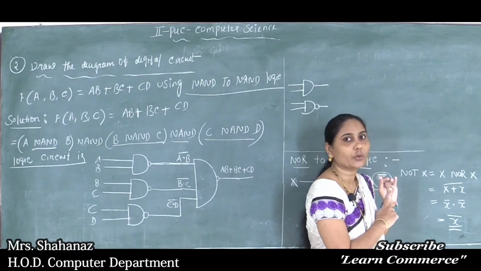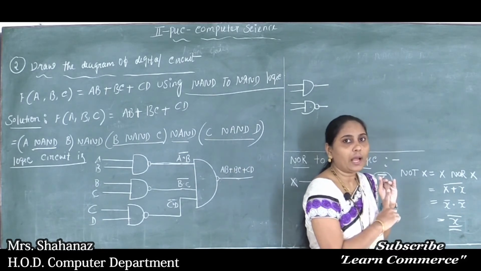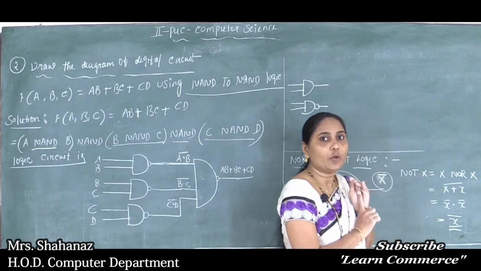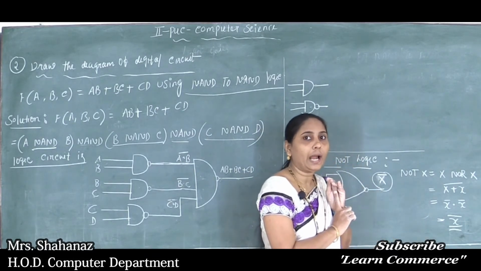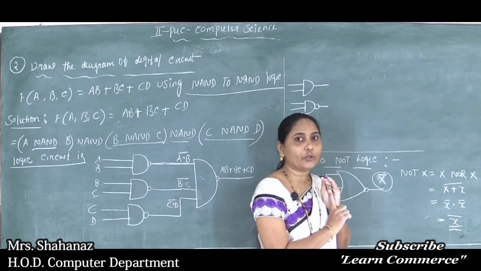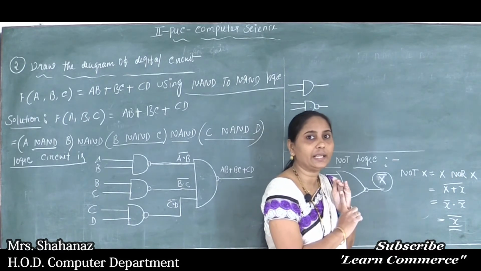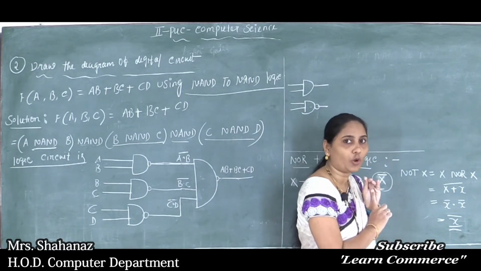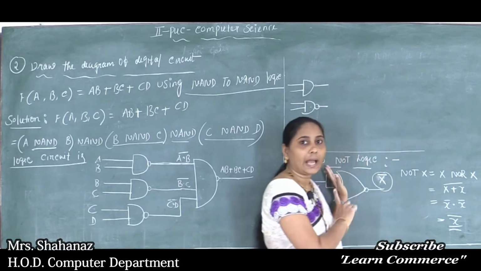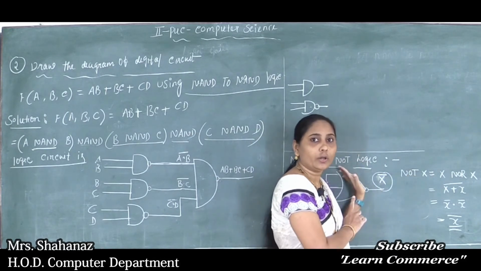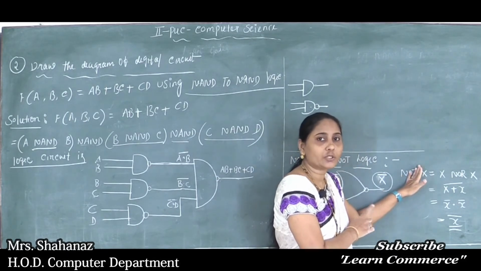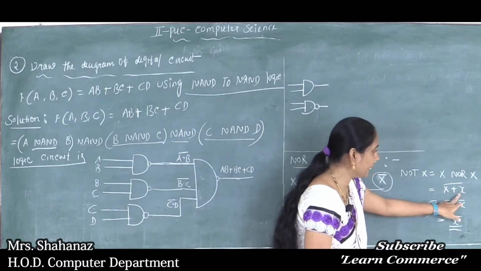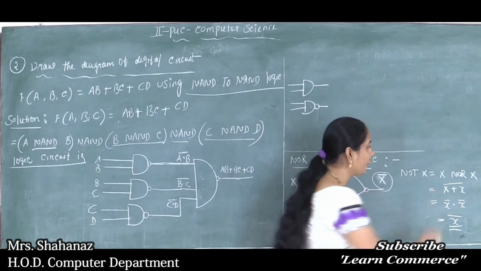So all those rules we need to follow, and I already said in the application of De Morgan's theorem, while going to solve the NAND and NOR operation, we can use the De Morgan's second theorem rules, or some of the theorems of De Morgan's we need to follow while going to solve NAND to NOT logic, NOR to NOT logic here, and also the other gates. So the second theorem, how are we going to write?